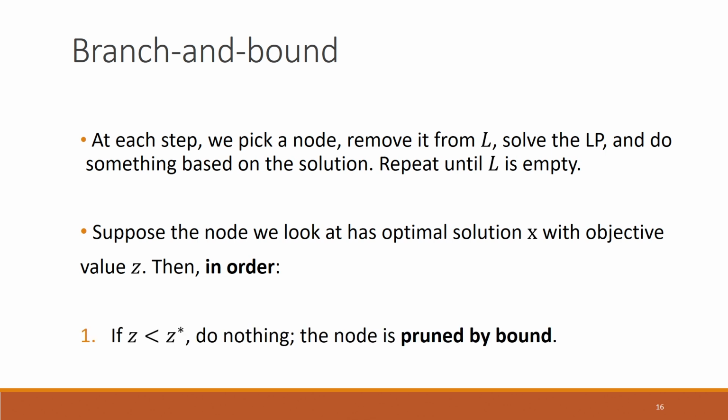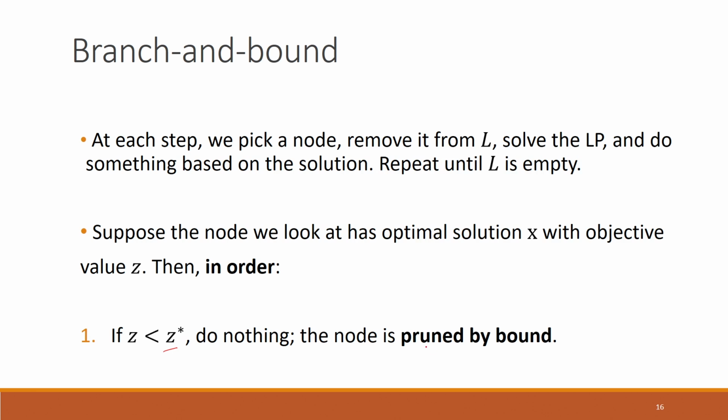Suppose the z value that you get by solving this node, the linear program, is less than z star, the best integral objective function value that you already know. Then we do not do anything. If you remember, when we got the objective function value of 17 in the last example, we already had an integral solution giving the objective function value of 18, so there is no point in going further below that branch, because we cannot get anything better.